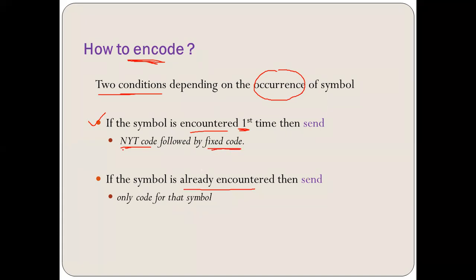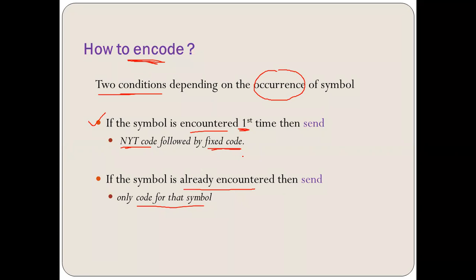This is the point: NYT code followed by the fixed code. We are going to see how to generate the NYT code and fixed code in the next slide. The second condition says, if the symbol is already encountered, then only the code for that symbol is generated.